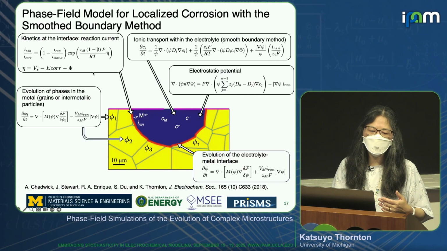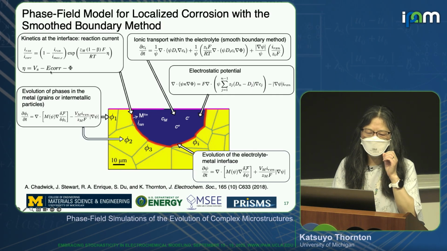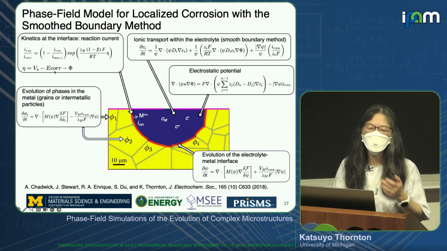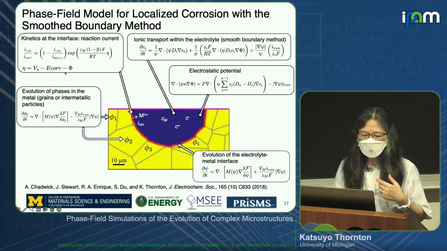The reaction rate sometimes takes into account local composition. In this case, we are just using the corrosion current and also the corrosion potential and the local electrostatic potential jump.